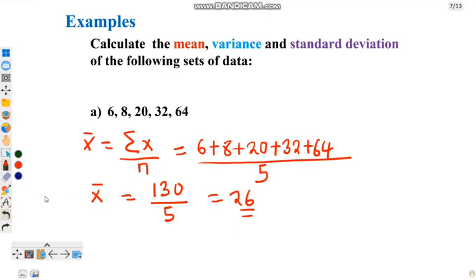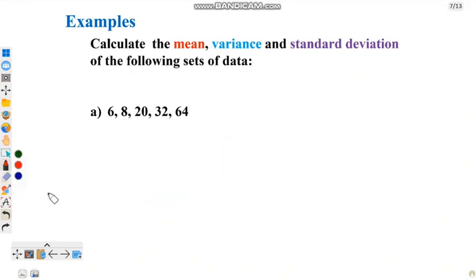So we can now find the variance. In order for us to find the variance, remember, we have said the mean is equal to 26.